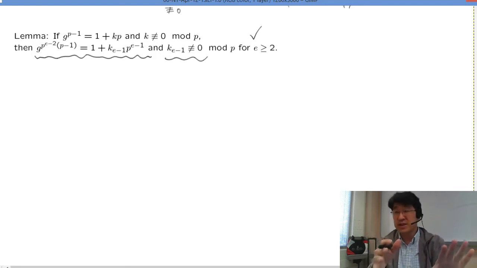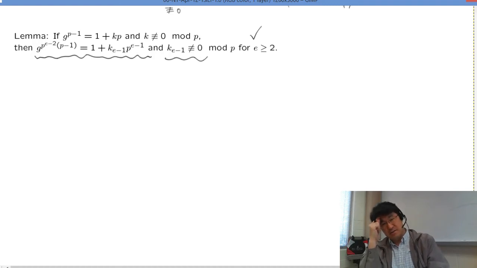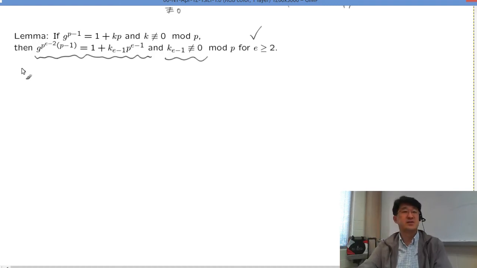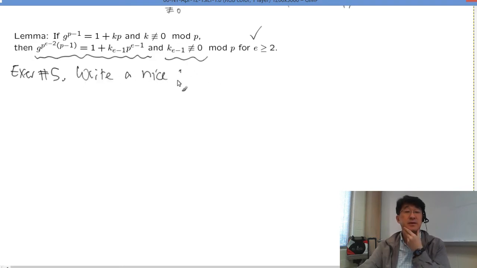But I want you to look at this lemma and be able to conclude an important statement in here. That's our next exercise number, what is it? 4 or 5? 5, right. Write a nice corollary of this lemma.